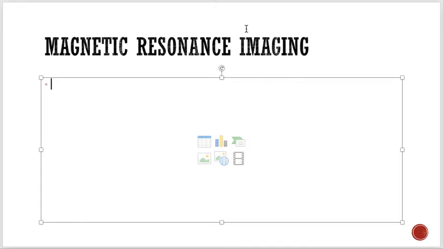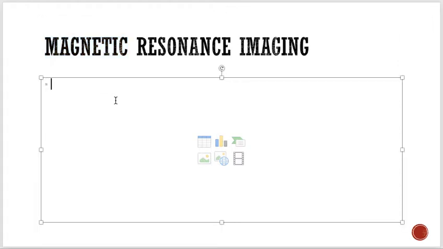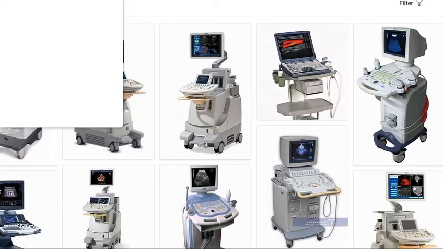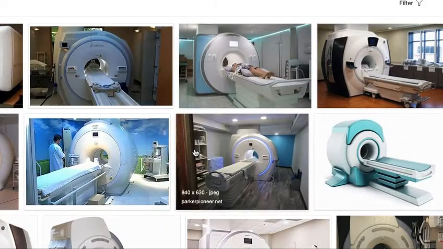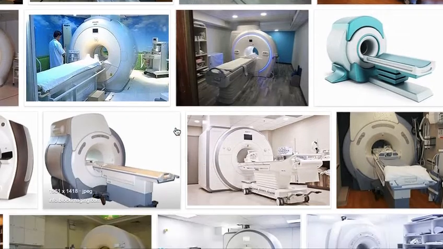As the name shows, magnetic resonance imaging. Simply, MRI machines use magnetic fields and radio waves to generate the images. For example, I will show you an MRI machine. See, that's why I told you this one looks more or less the same as a CT scan machine.